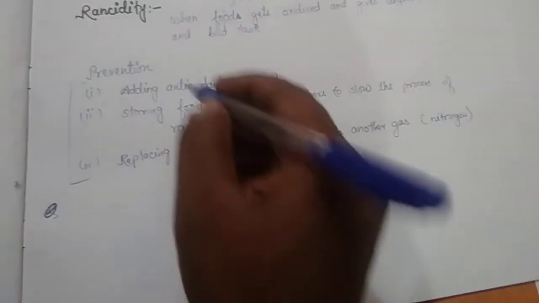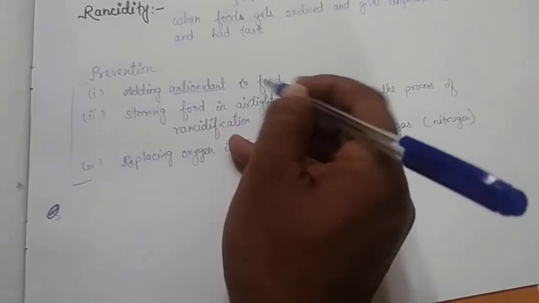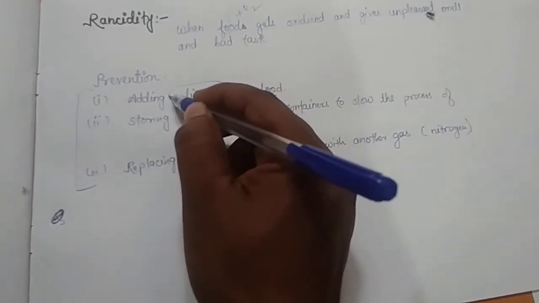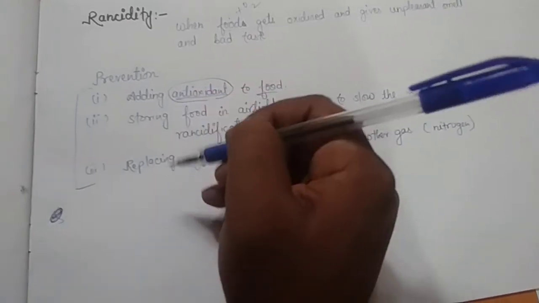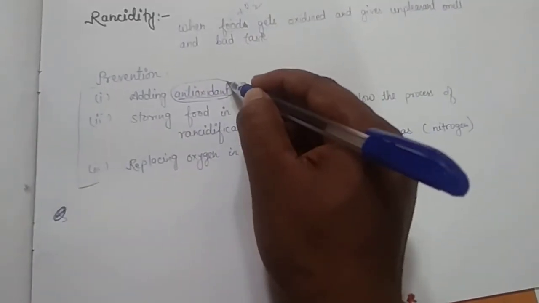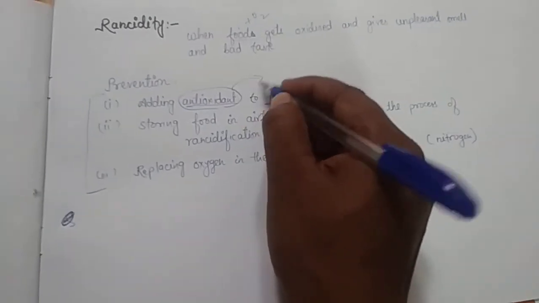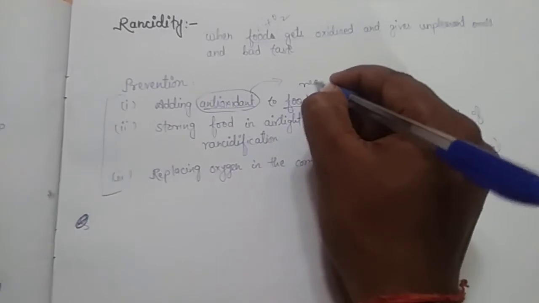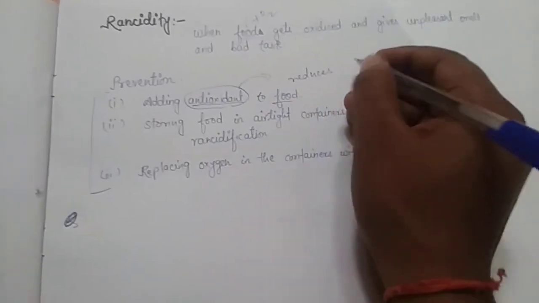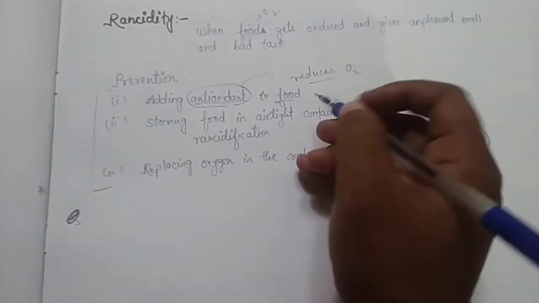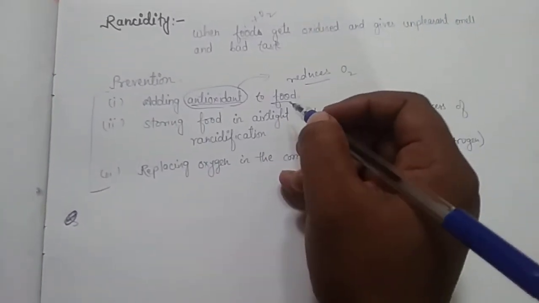Adding antioxidants to food. First of all, we have to know what antioxidants are. Children, antioxidants are chemical substances which reduce the amount of oxygen present in the food.